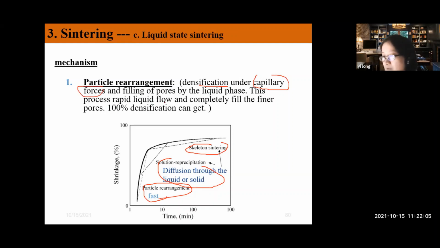This process involves rapid liquid flow and complete filling. In most cases, because you have an extra force pulling the particles together faster, this gives you much higher densification compared with solid phase sintering.